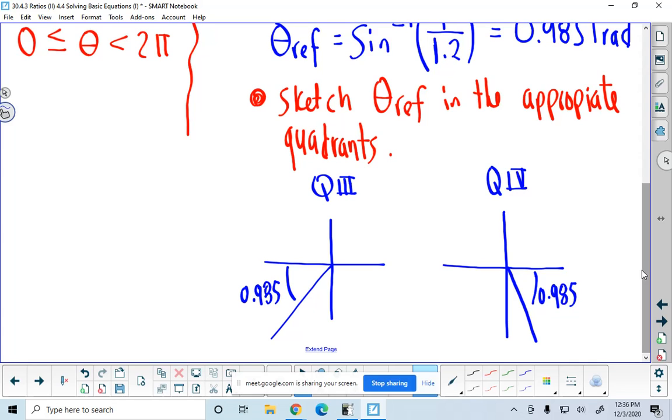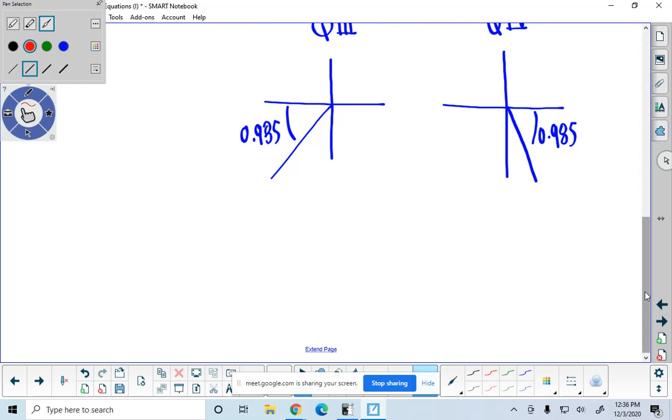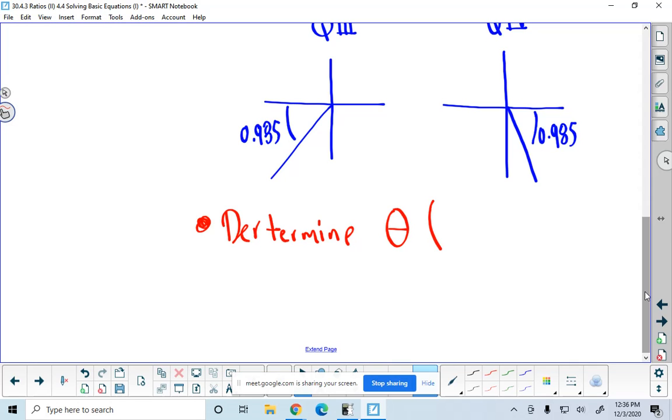Your last step, once you've done that, is to determine from your diagrams theta. And when I write theta, I'm talking about rotation angles. I say angles plural because you're going to have two of them.